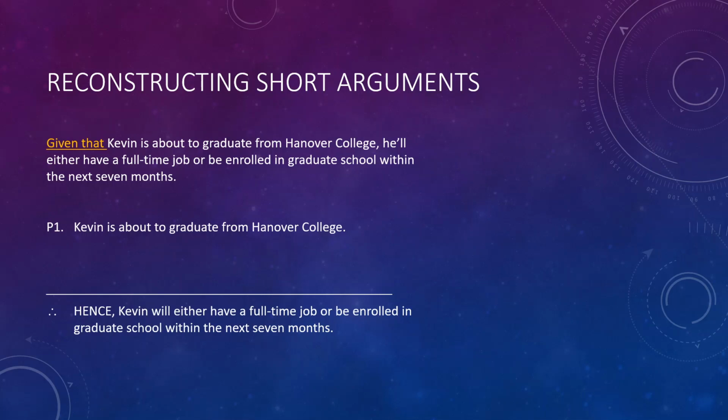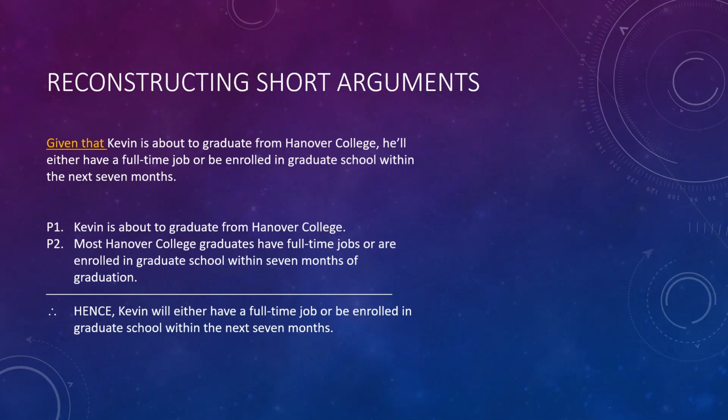Okay, so again, wording can vary somewhat, but something like the following has been assumed. Most Hanover College graduates have full-time jobs or are enrolled in graduate school within 7 months of graduation. This generalization, by the way, is true. The percentage is very high.